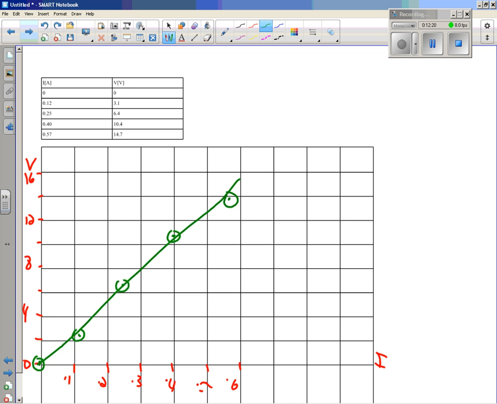Other things you'll have to calculate with that would be find the resistance from the graph, right? So you have to know that R equals slope.